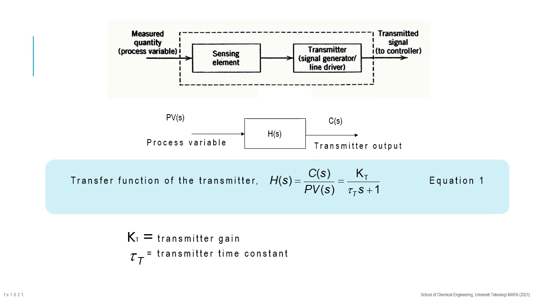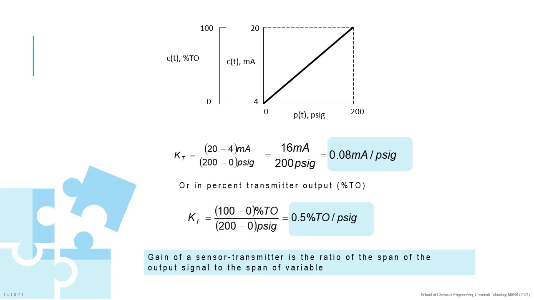The transmitter gain is the change in electrical signal divided by the change in the process variable, identified as kT, and tau T refers to the transmitter time constant. When the relationship between the transmitter output and the process variable is linear, the transmitter gain is simple to obtain once the span is known.